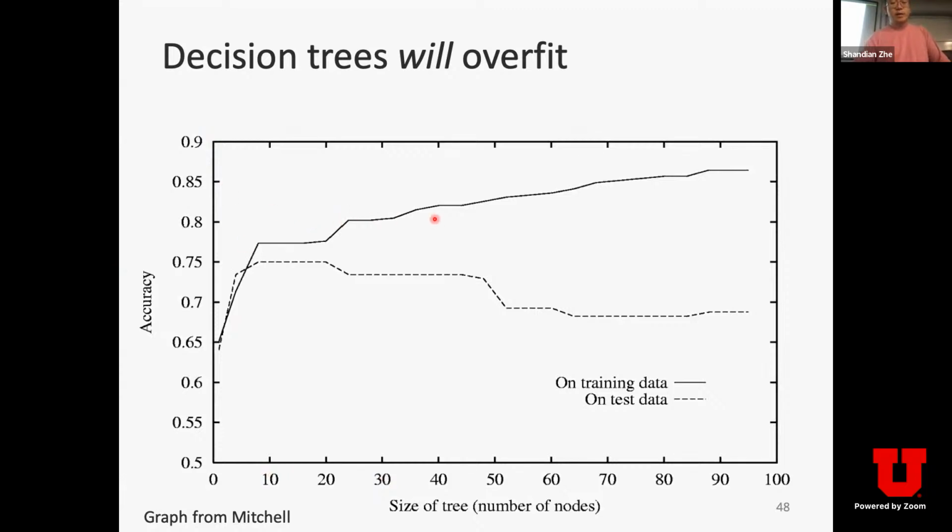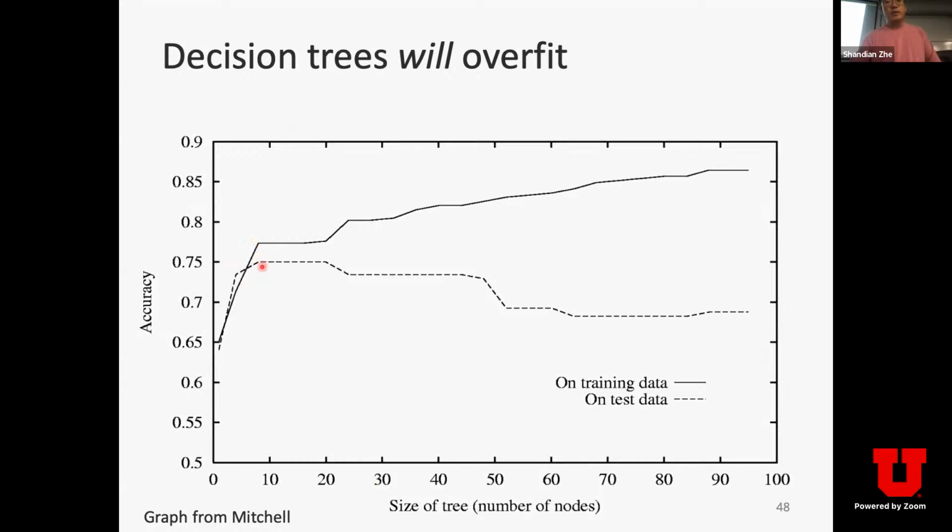So there are two lines. One is the solid line, which shows the accuracy on training data, meaning that you use your decision tree to make predictions on training instances and see how this training accuracy varies. And this dashed line shows the test accuracy, right? You can see that at the very beginning, when you increase the size of the tree, meaning you add more and more nodes, both the training and testing accuracy grow.